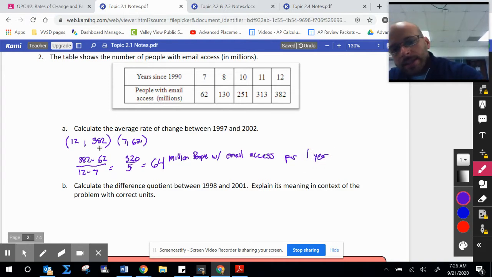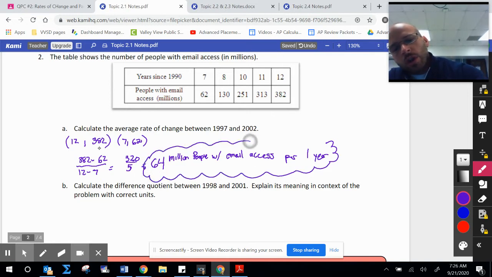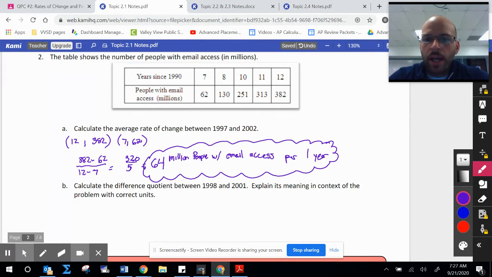Okay, so this is my average rate of change over the interval of 1997 to 2002. So it's 64 million people with email access per 1 year.